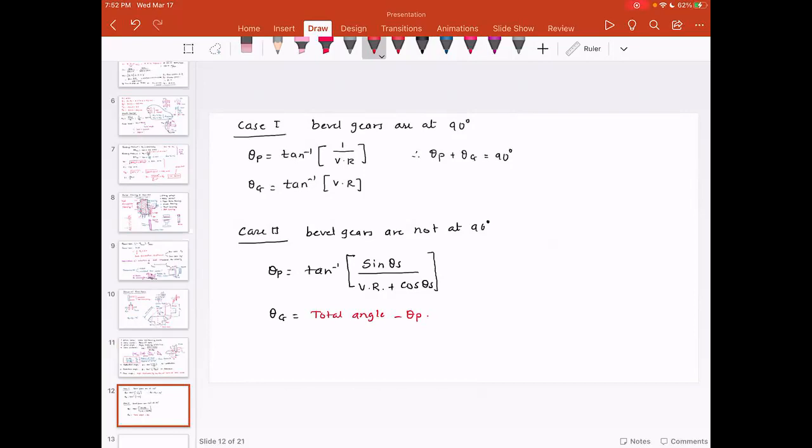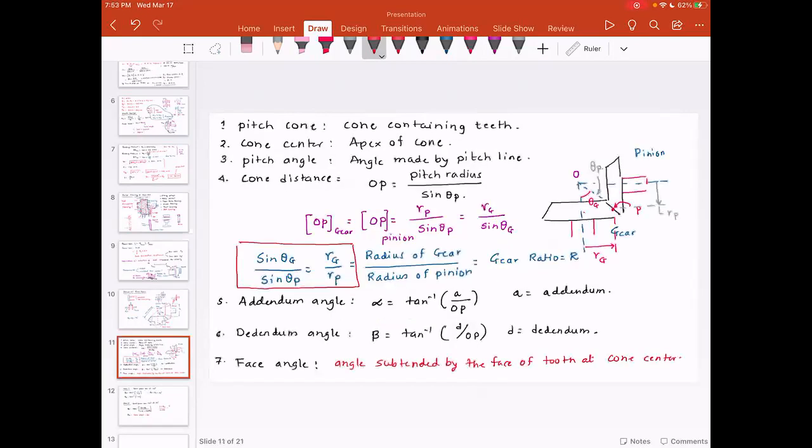And the other way to derive the same equation is something like this. Sine theta p2 divided by sine theta p1 is equal to d, and this is the same relationship.